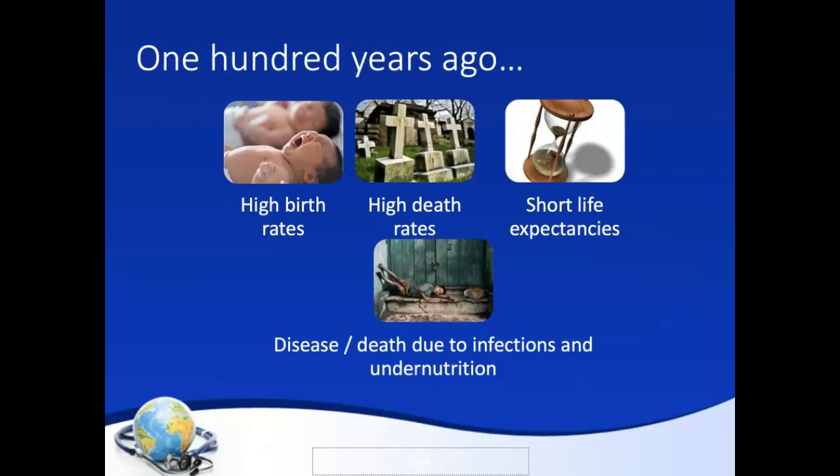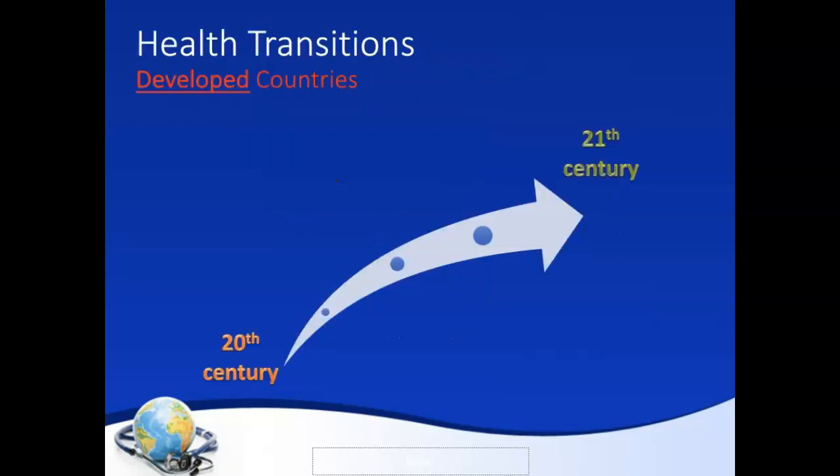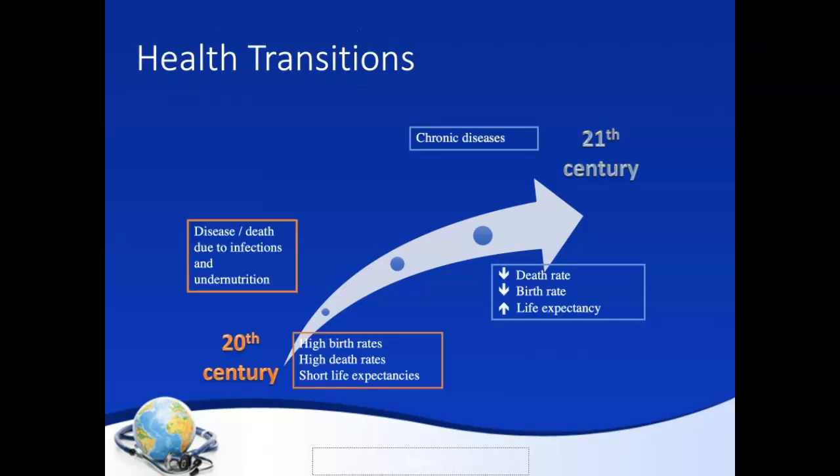100 years ago, most populations across the world were all the same, even here in Canada. There were high birth rates, high death rates, short life expectancy, and most people were dying from infections or undernutrition. But as countries developed from the 20th to the 21st century, going from low-income countries to high-income countries, we found that there was this demographic transition.